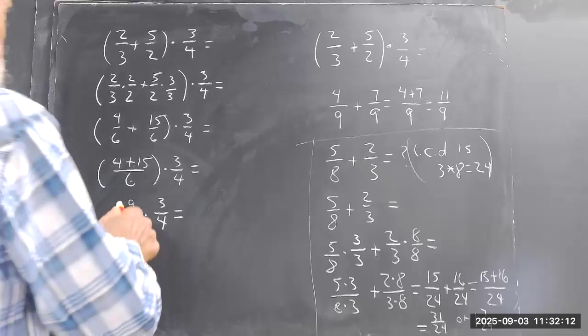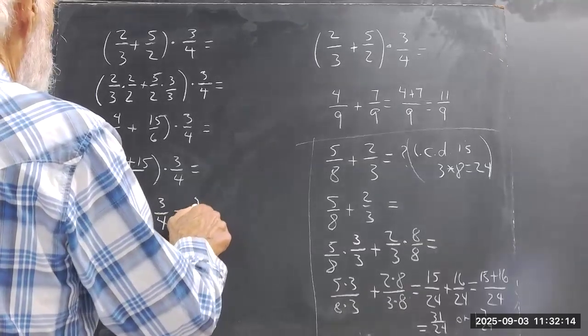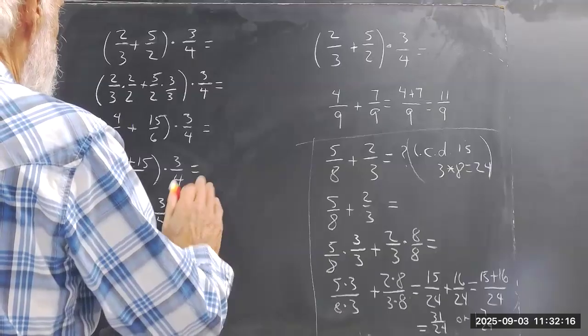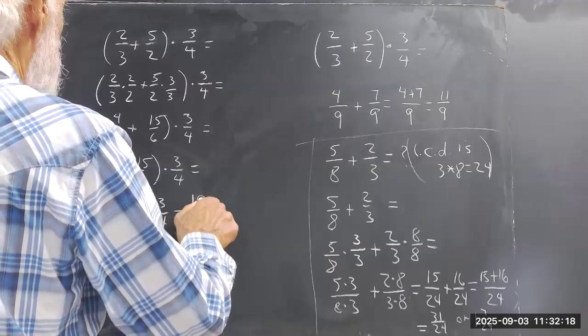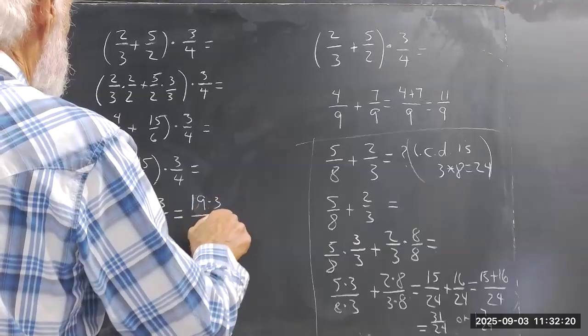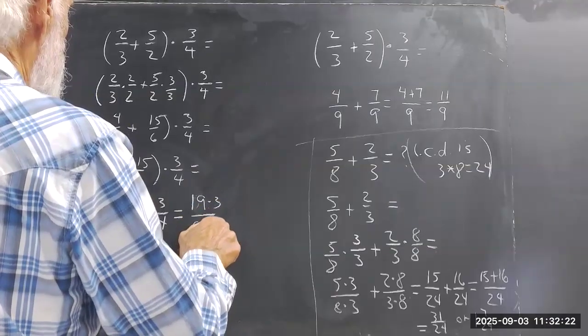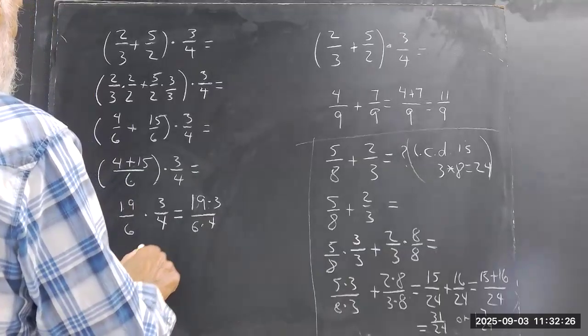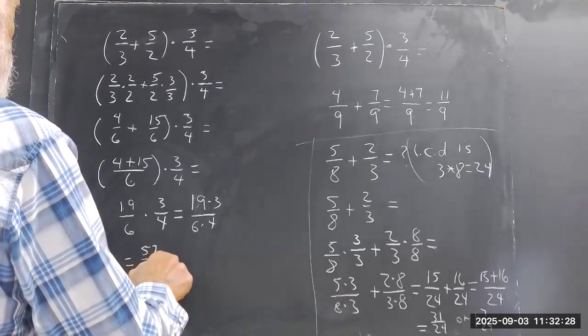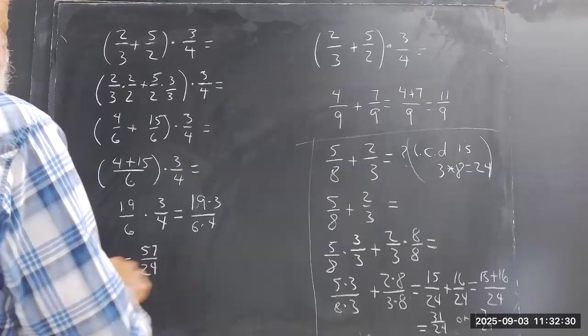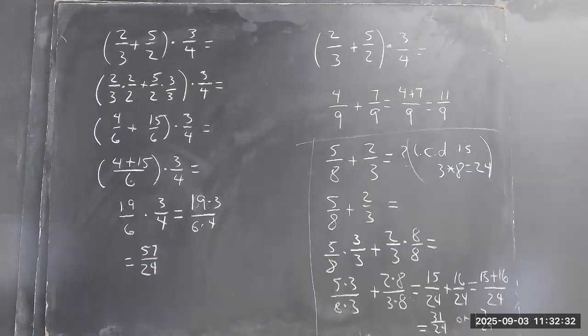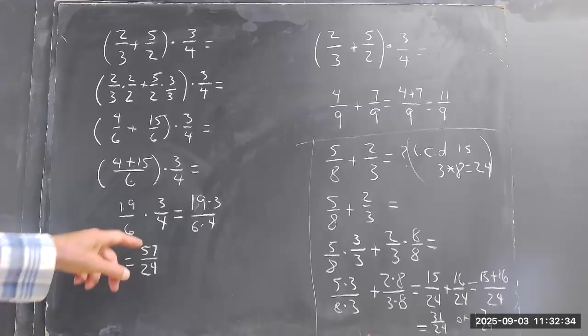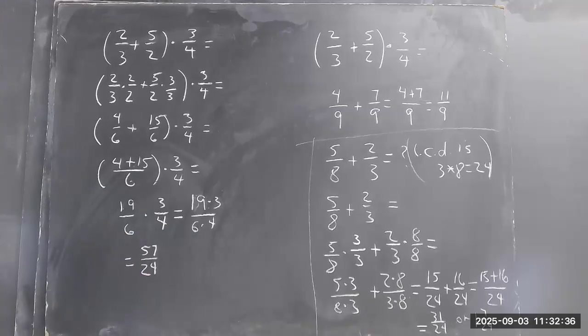Okay, so I'm going to multiply 19 by 3. I'm going to write it out. 19 times 3 over 6 times 4. That equals 57 divided by 24. Now that reduces.